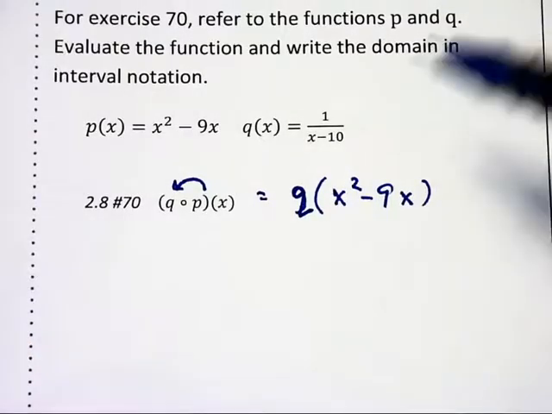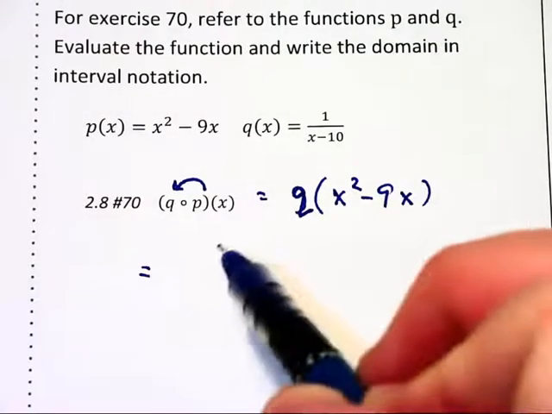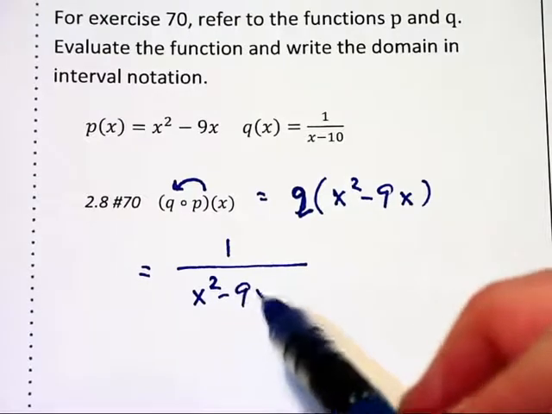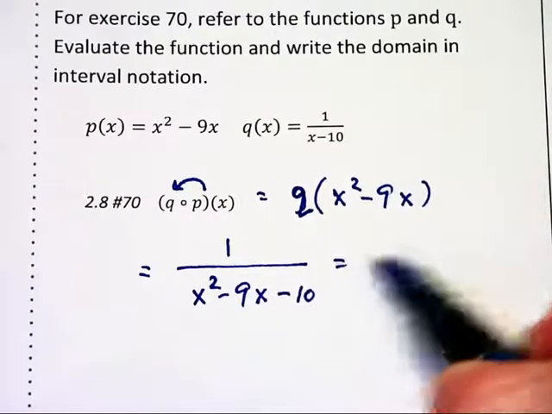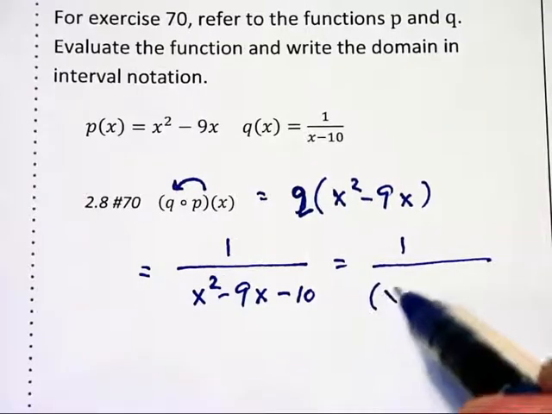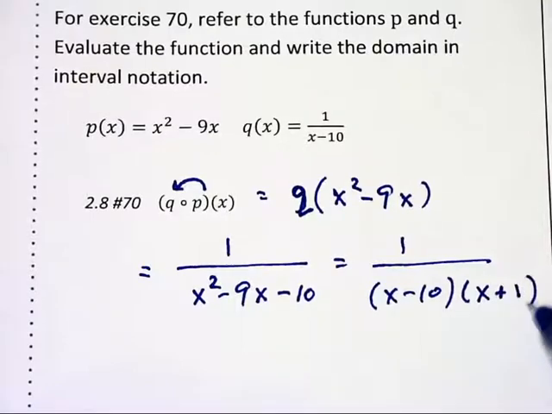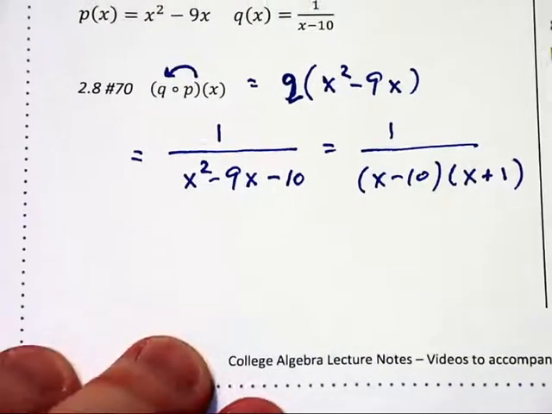Now, q of x is 1 over input minus 10. So this is going to equal 1 over input x squared minus 9x minus 10, which I'm going to now factor into 1 over x minus 10 times x plus 1, because we're interested in finding the domain of this function.